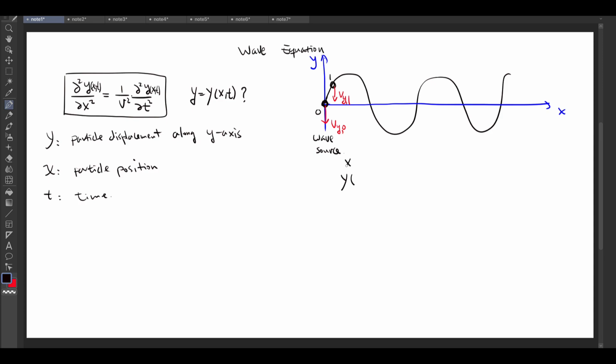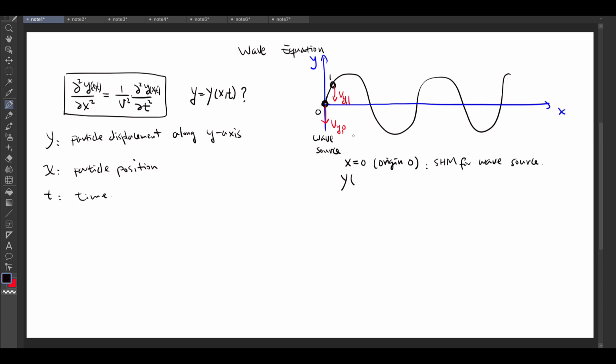If x equals 0, which is the origin O, then we're looking at the oscillation of the wave source. And for the wave source, we say its oscillation is simple harmonic oscillation. Simple harmonic motion for the wave source.